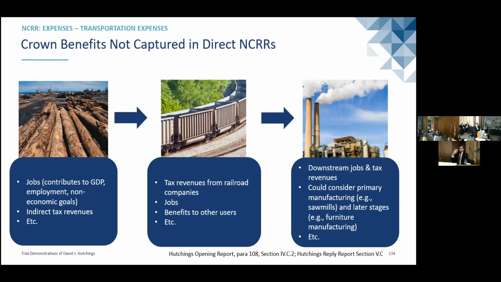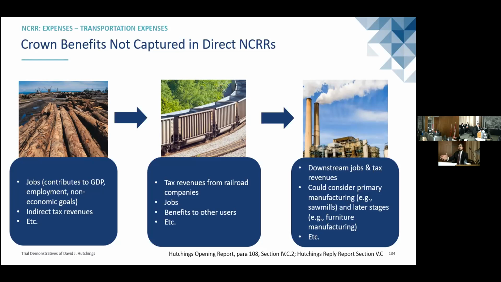So if we think about the panoply of benefits that come from railroad construction, there's a lot that are not in direct net Crown resource revenues. Sorry, I'm on slide 134 now. There can be additional jobs in upstream industries, which contribute to GDP, we talked about earlier, other employment, non-economic goals, and indirect tax revenues. This would be from sales taxes, income tax.